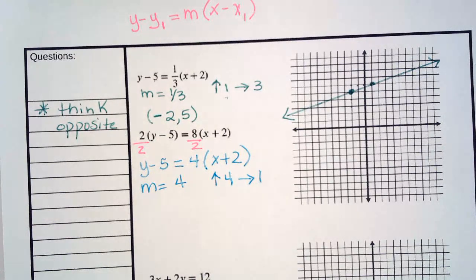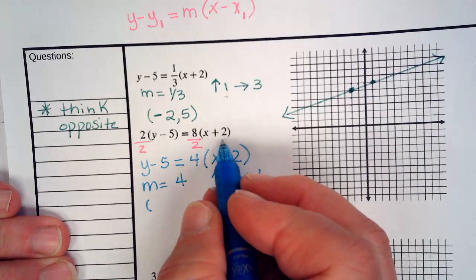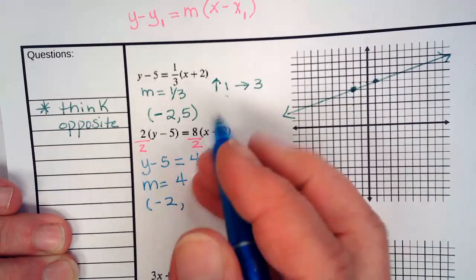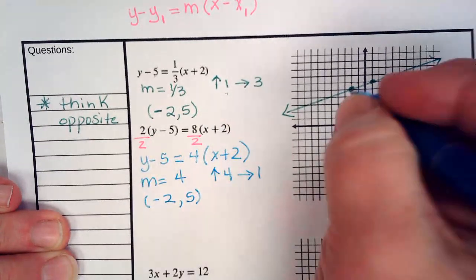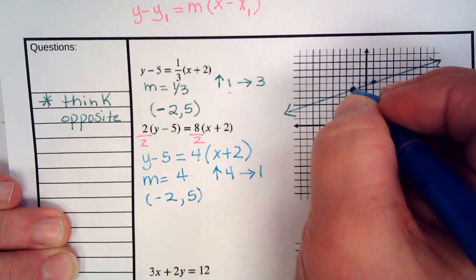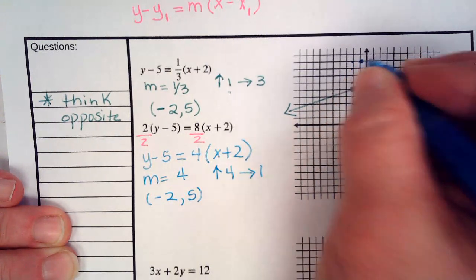What is a point on the line? Thinking opposite. The opposite of positive 2 is negative 2. The opposite of negative 5 is positive 5. Both of these start at the same spot for us. Now I'm going to go up from here, 1, 2, 3, 4, go right 1.